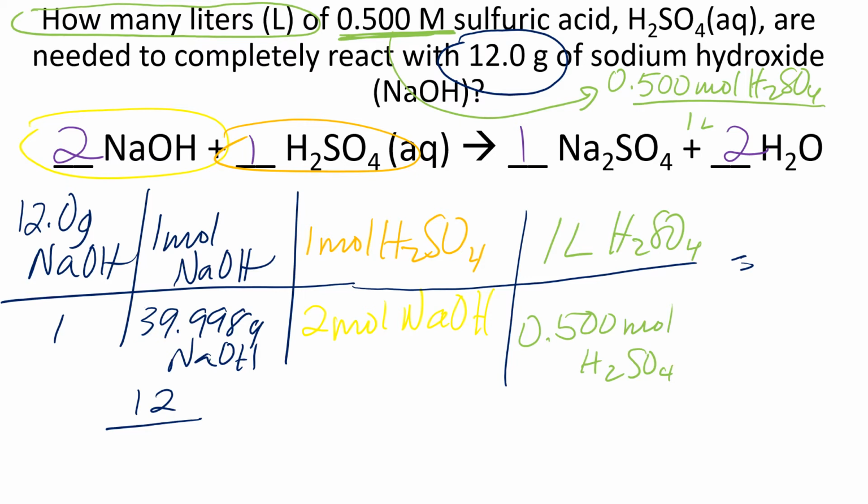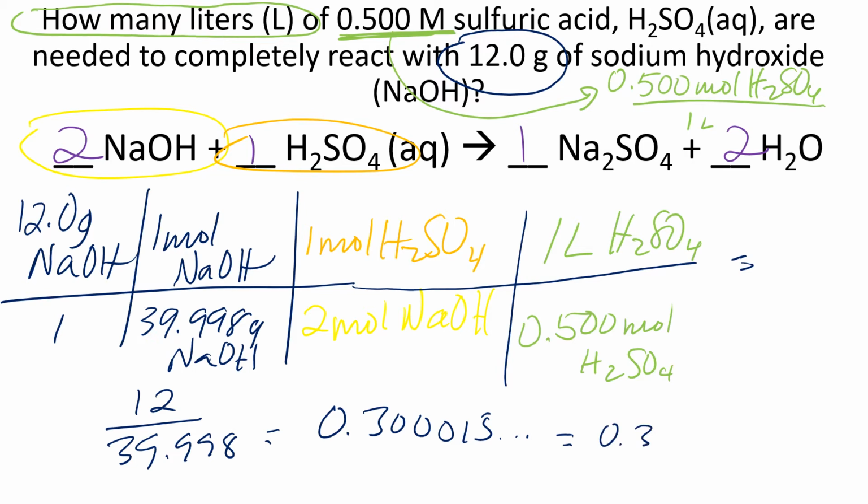Actually, it's the same number. And divide the 2. So I end up with 0.300015 dot dot dot. I have 3 sig figs, so my answer is 0.300 liters of 0.500 molar solution of H2SO4.